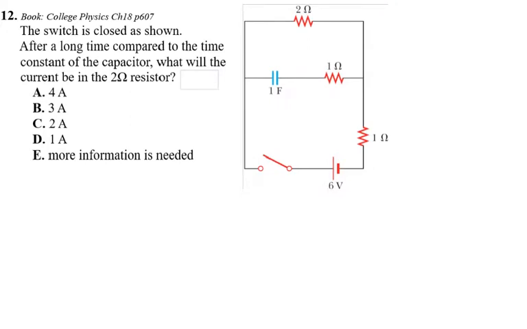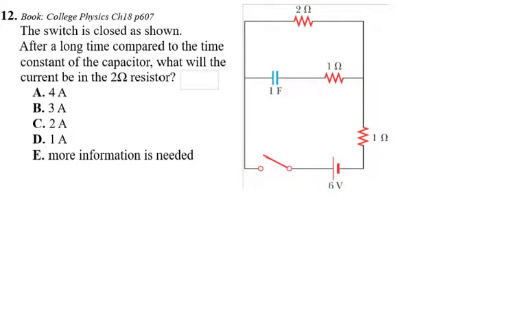In number 12 in our lessons online, you have the switch that is closed as shown. After a long time compared to the time constant of the capacitor, which they mean tau, what will be the current in the resistor of 2 ohm?